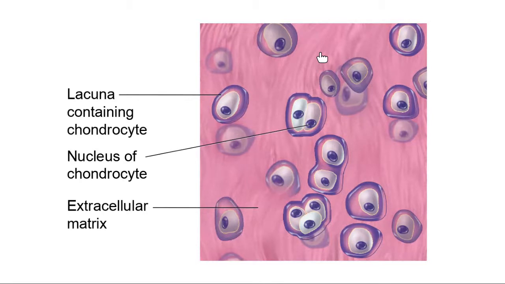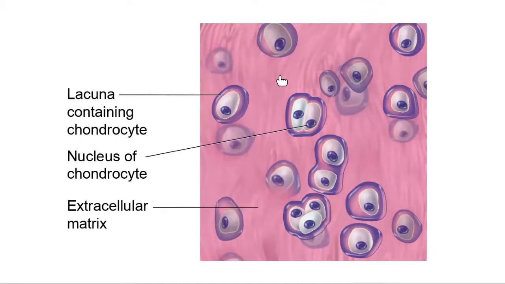The color of our fibers and ground substance are the same due to their refractive index in the microscope. And we can see the matrix very homogeneous. So you cannot see fibers, but it doesn't mean that you don't have fibers. You have fine collagen fibers which are not visible in this cartilage.